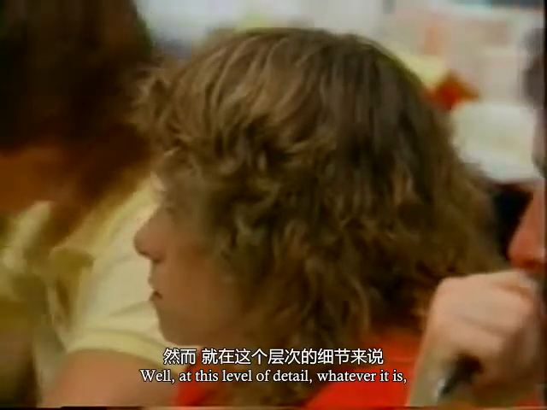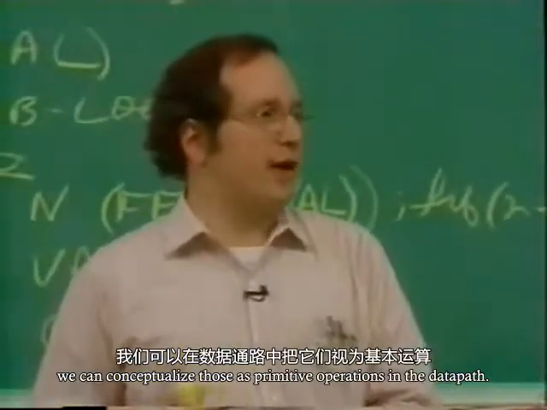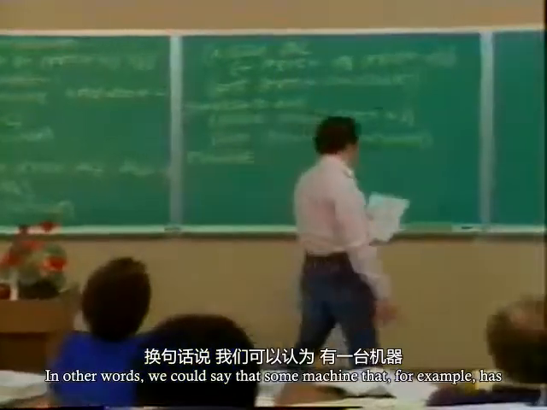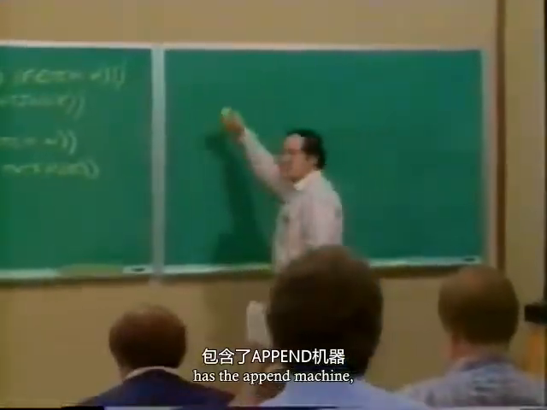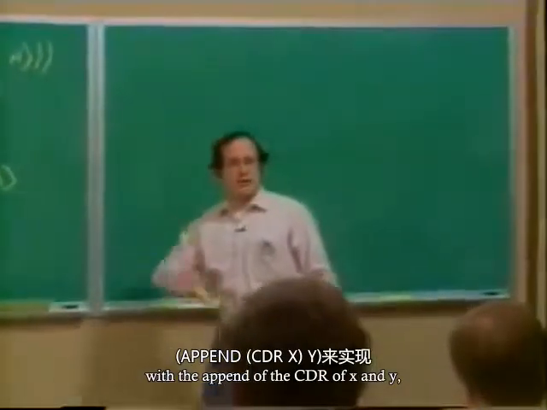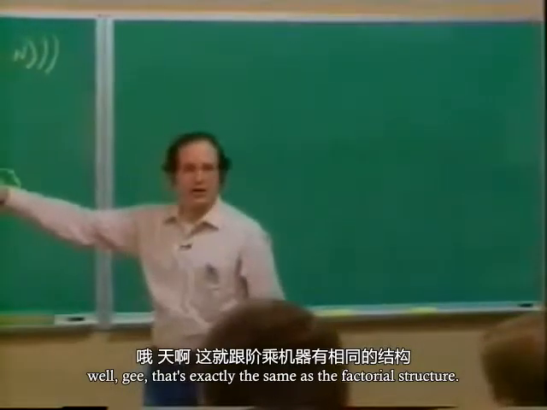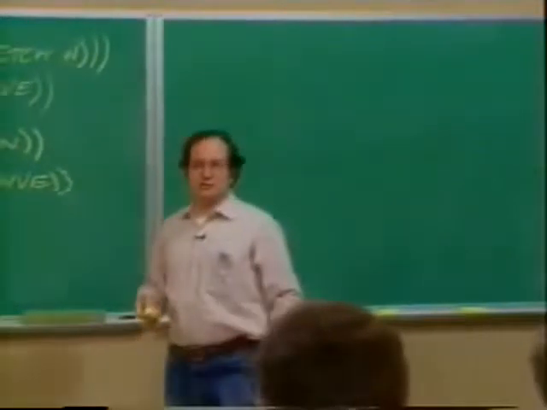Well, we could, at this level of detail, conceptualize those as primitive operations in the data path. In other words, we could say that some machine, for example, has the append machine, which has to do cons of the car of x with the append of the cdr of x and y. Oh, gee, that's exactly the same as the factorial structure. Well, it's got about the same structure.